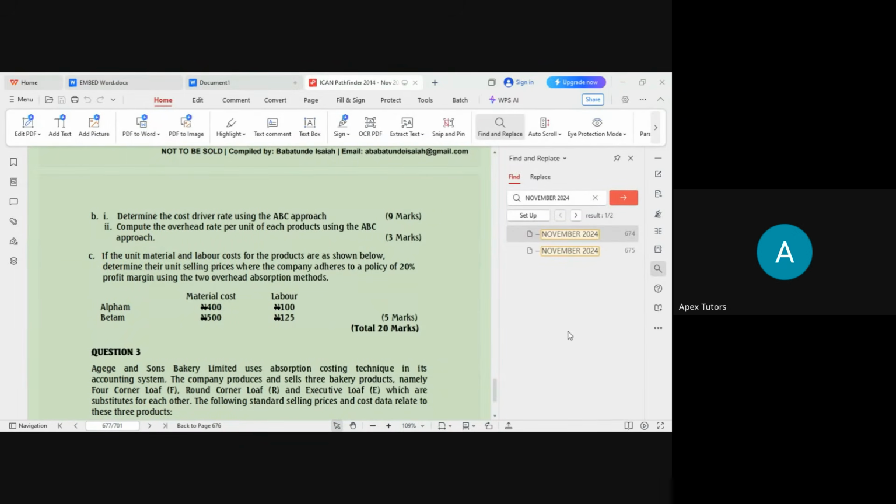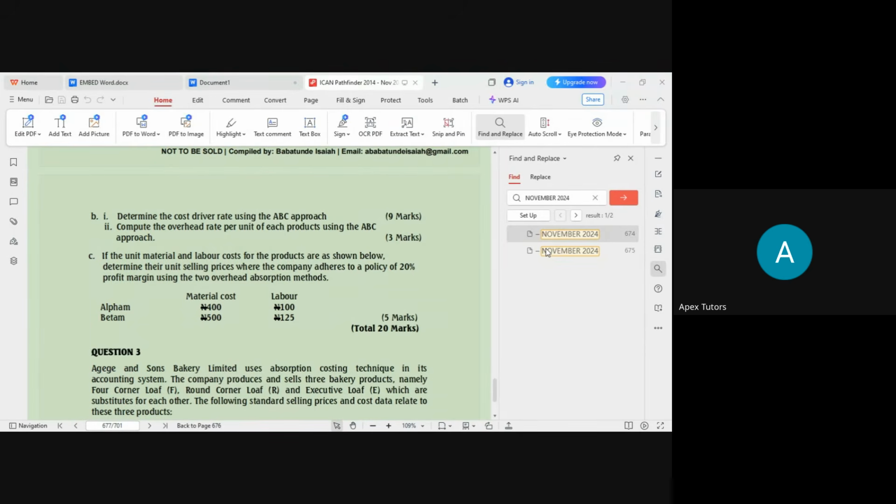That's the strategy to go to the exam hall with. Please, can you help share the question on the WhatsApp group? So, please, if you have questions, you can forward them to the group. Some people have solved them already. They will provide answers to your questions.